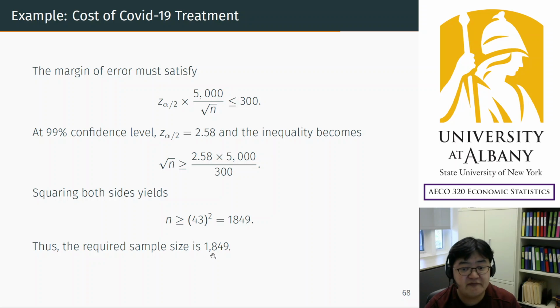In the end, you have 1,849, right? So as you improve your estimator, you need more and more sample size, which is the basic idea in statistical experimental design.